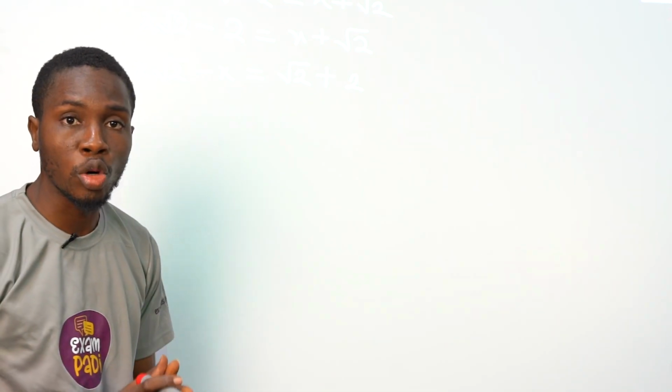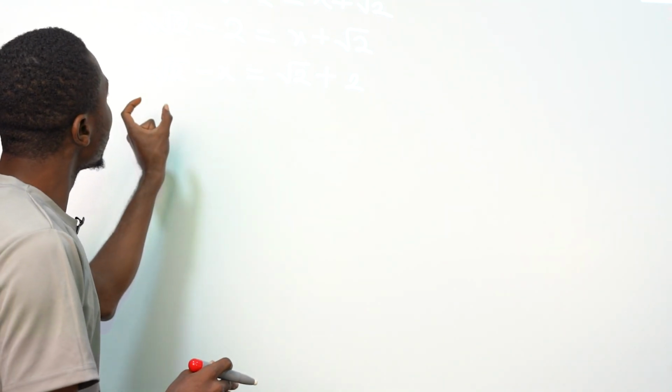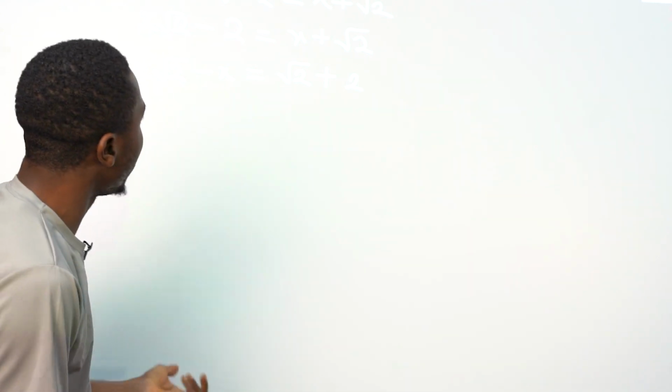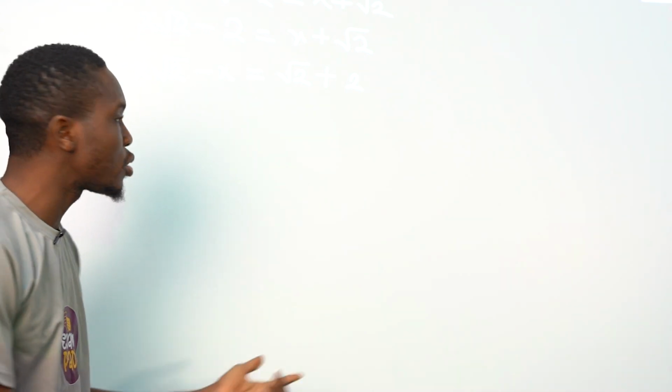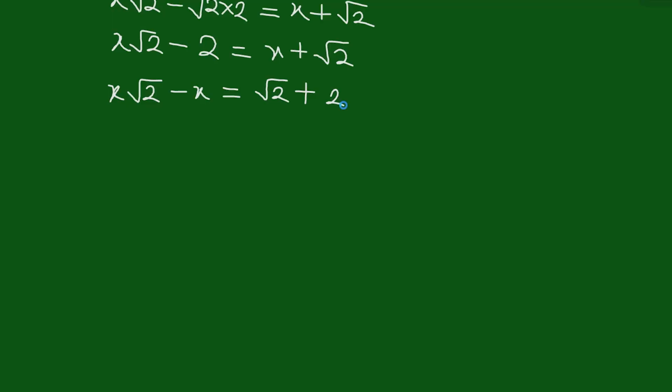Now, how do we solve for that? When solving surds, you have to technically analyze your question. The next step is to factorize the left hand side. Why are we factorizing it? We are factorizing because x is common to these two entities.